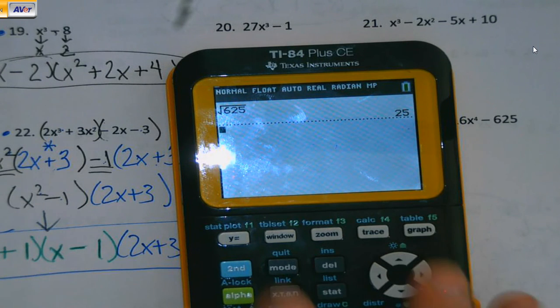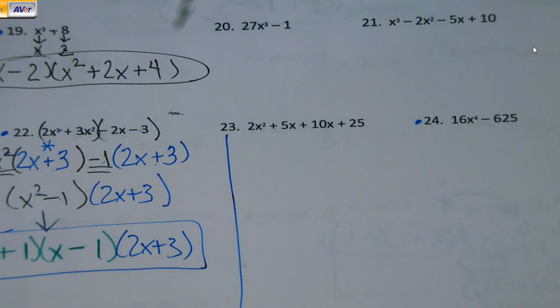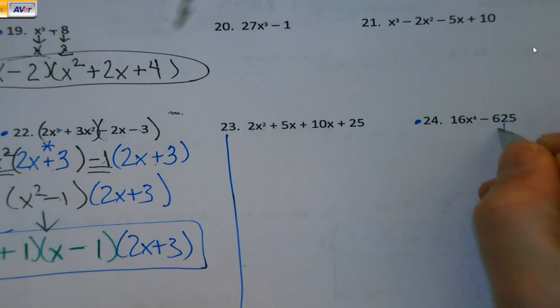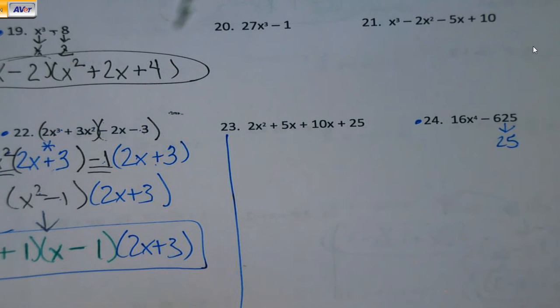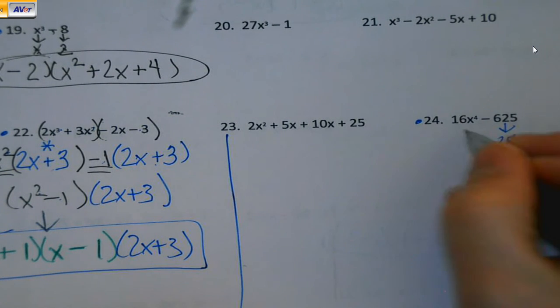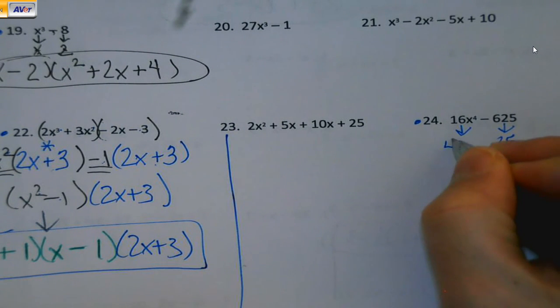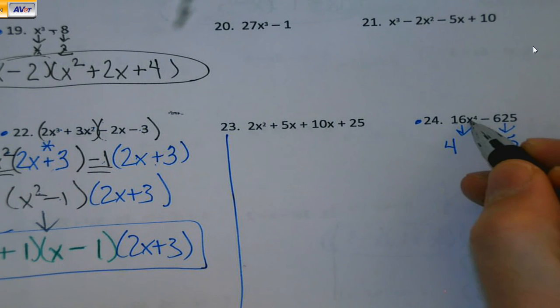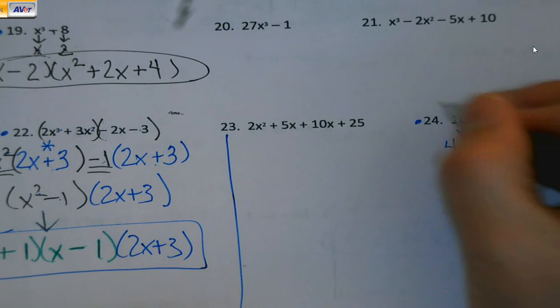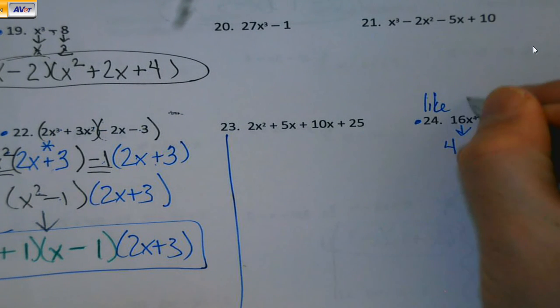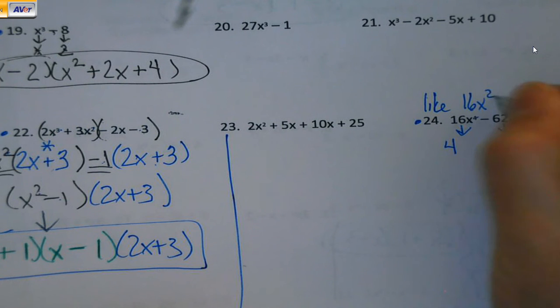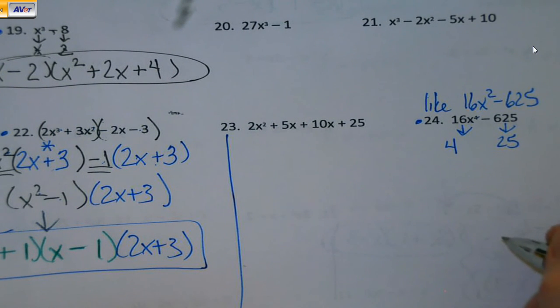Oh, it is. Okay. So if these are both perfect squares, 25, 4 squared is 16, and to get x to the 4th, remember, we talked about this yesterday, we're going to treat this like it's a difference of squares.